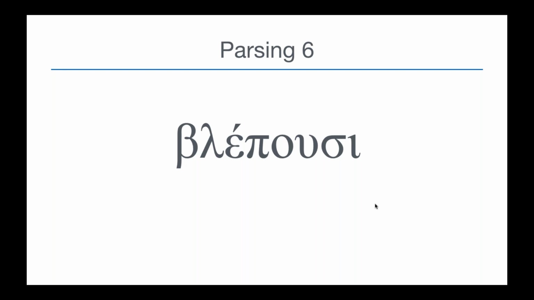And then what did I say the last part's going to be for all these? Tense, voice, and mood. Present, active, indicative? Perfect. And then how would you translate blepousi, knowing that blepo means I see? They are seeing? Exactly.